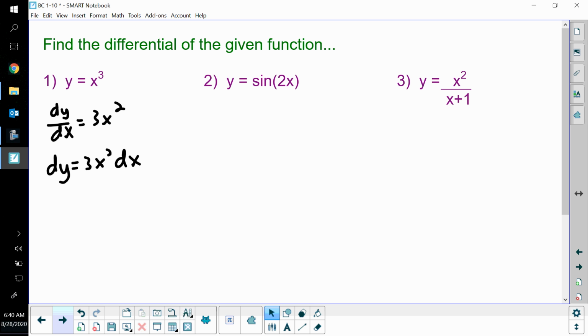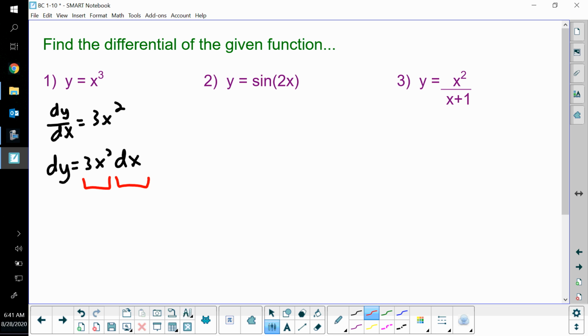We'll talk about this on the next slide, but again, dy is the approximate change in the y value when there's a little bit of change in the x value. And let's look on the right side of that equation there and see what things are determining that little bit of change in y. Well, the two things that are determining it are how much change in the x there is, so that's our dx, and also the derivative of the function.